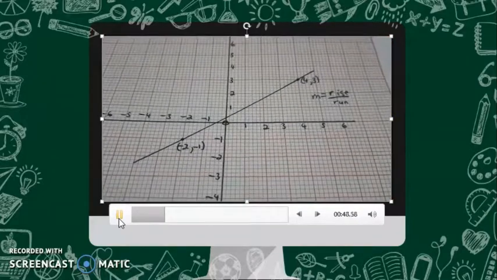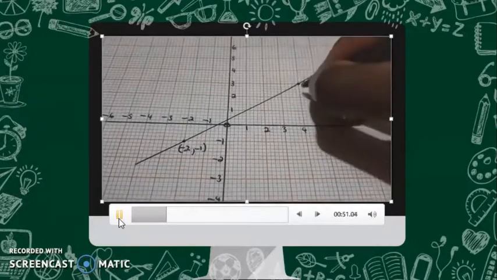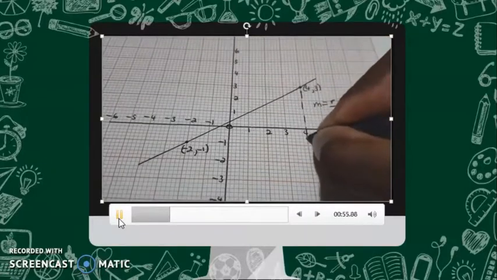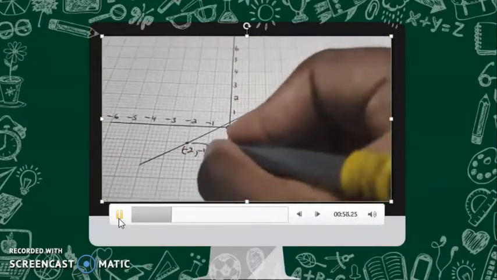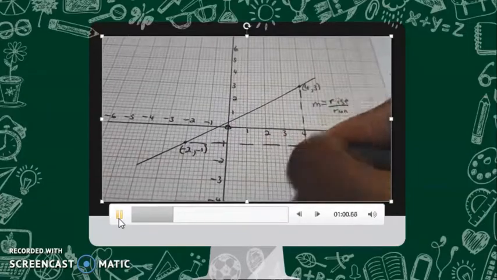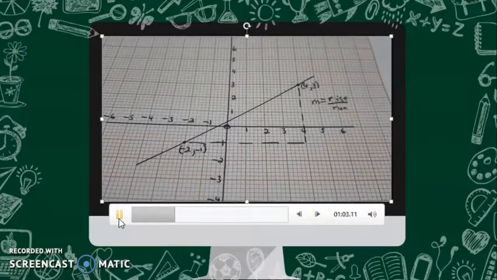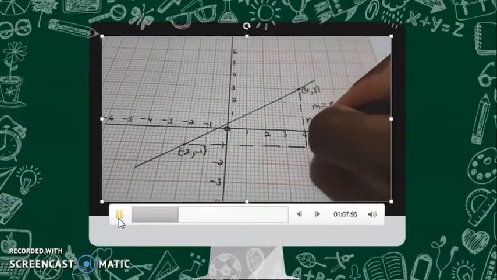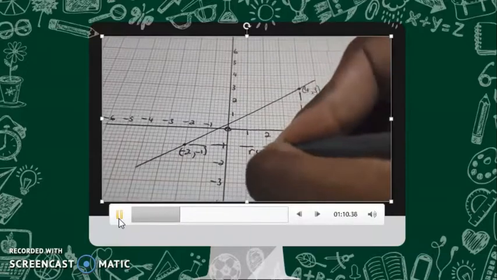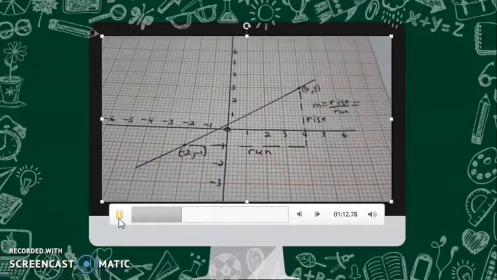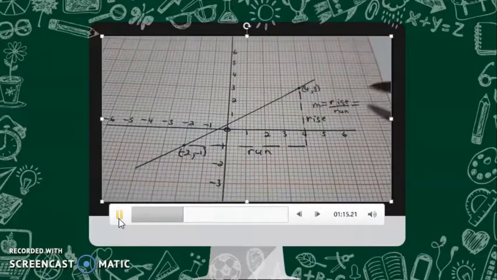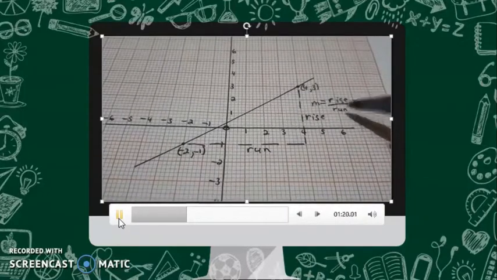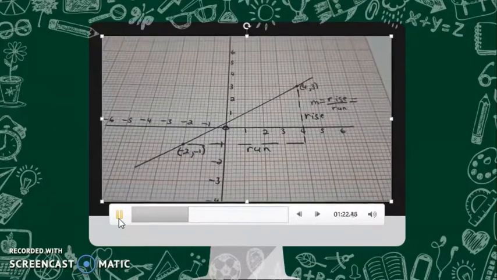So now we will use broken lines to form a triangle. We can then label rise and run. So now we will count the square units to find our run, then we'll count the square units to find our rise.